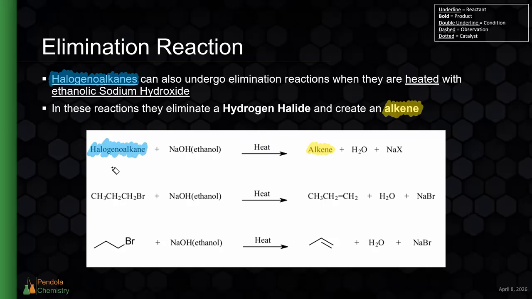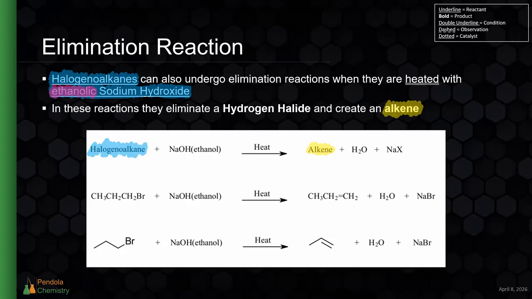During this reaction, the halogenoalkane is going to react with ethanolic sodium hydroxide. Now this is sodium hydroxide in ethanol, very similar to the ethanol solvent we used for the substitution reactions in the last section. The reason why is the same. The ethanol solvent here, the ethanolic part of this reaction, has to happen.